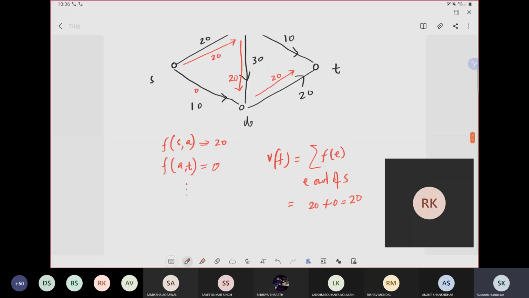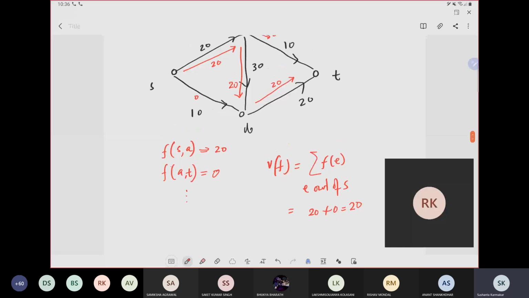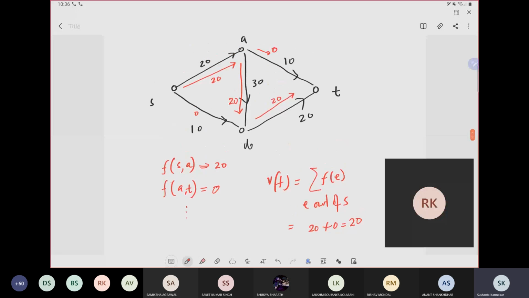But the question is now, can I do an assignment better? Okay. So let's try that. Let's say instead of doing this, I do it like this. So I push 20 here, and here I push 10. Okay. So then here is 20 and here is 10.